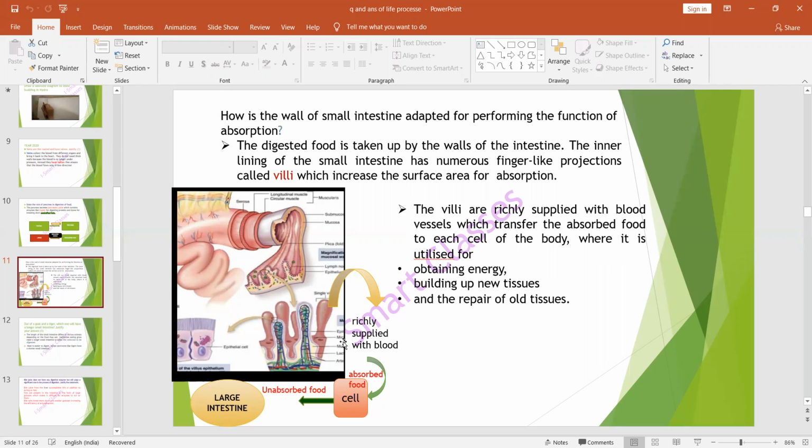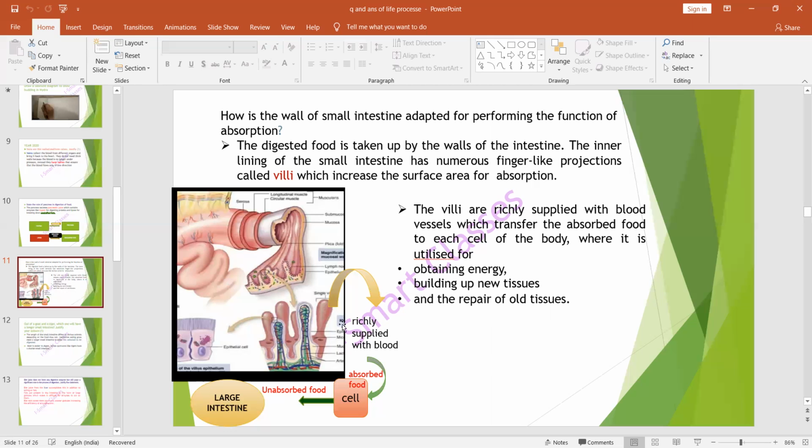So in this answer, you have to write where the food is absorbed, in the walls of intestine, how the food is absorbed, the structure is called villi. Third, the villi are also richly supplied with blood vessels which transfer the absorbed food to each cell of the body, where it is used for obtaining energy, building up new tissues, and repair of old tissues.